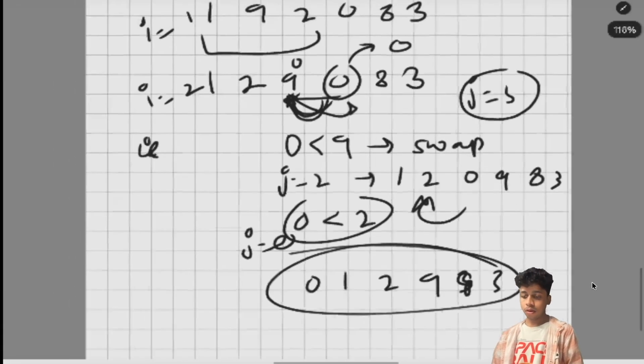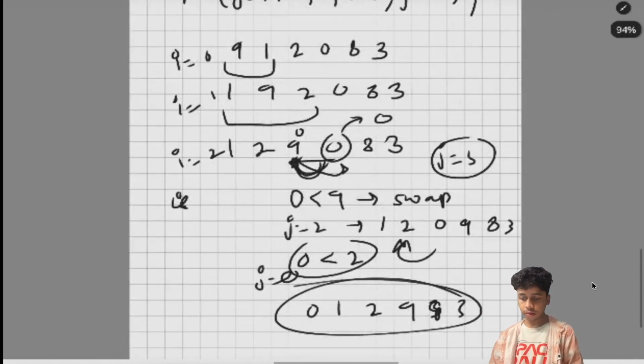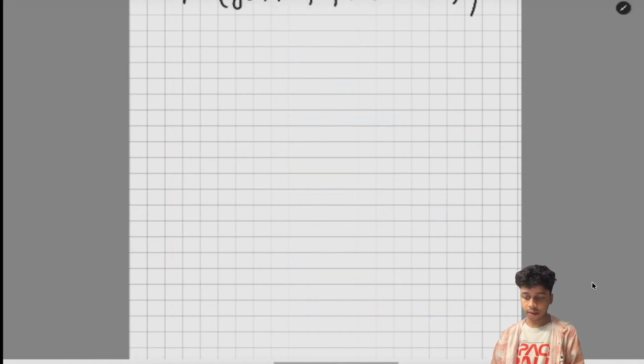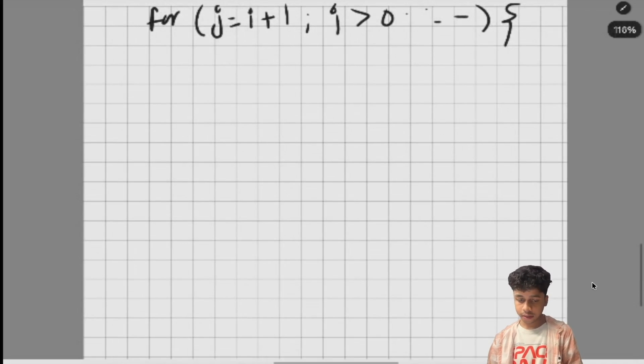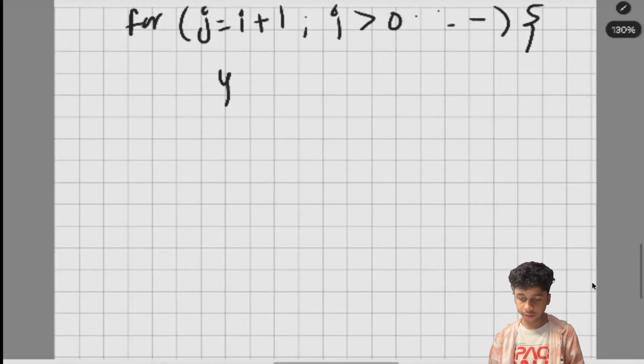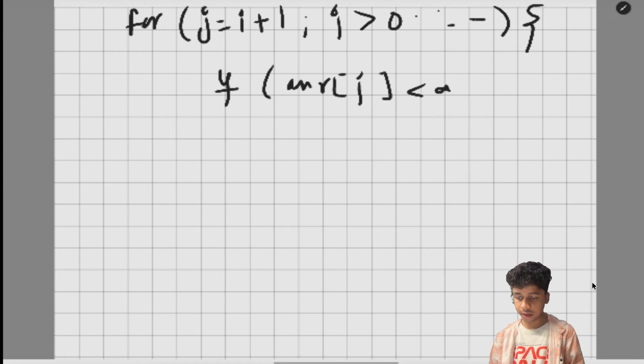Yep. So here we perform the swapping thing: if array of j is less than array of j minus 1, then swap, our basic swapping thing.